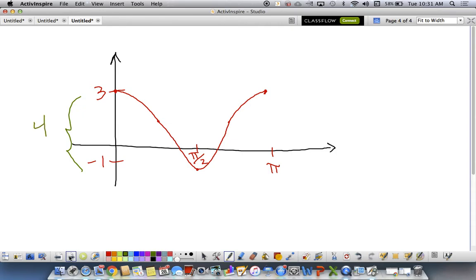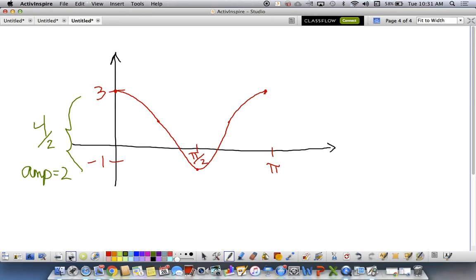Okay? The midpoint of that is 1. So if you want to go to the midpoint, it's 1. What's your amplitude? It's 2. So our amplitude has to be 2. How do we find that midpoint or the center line?